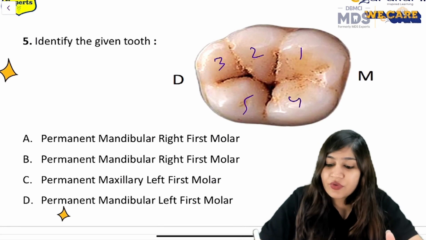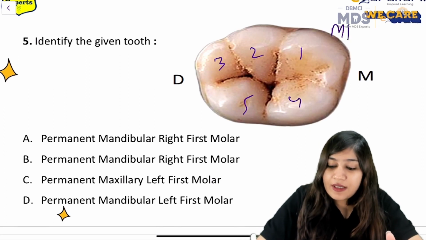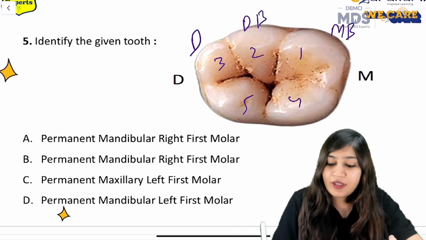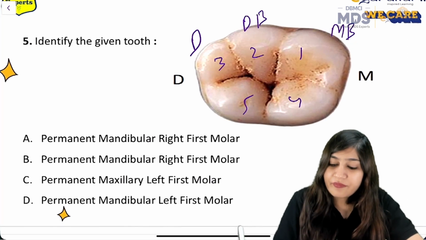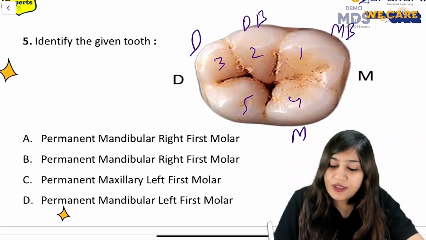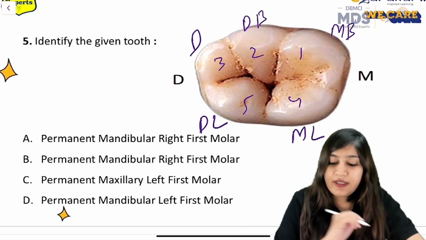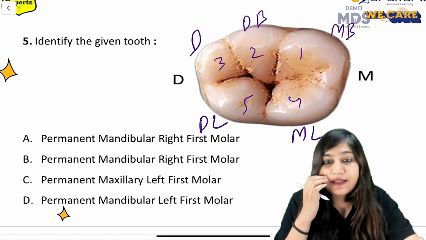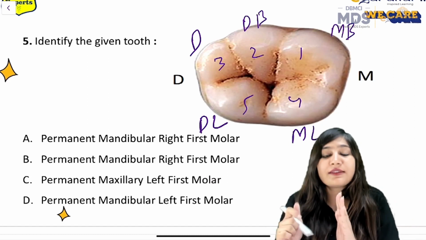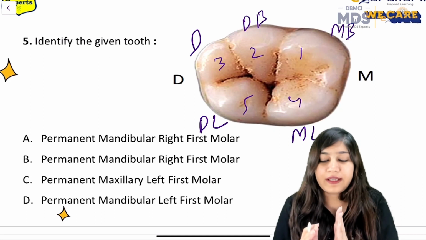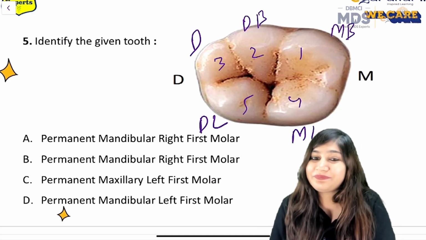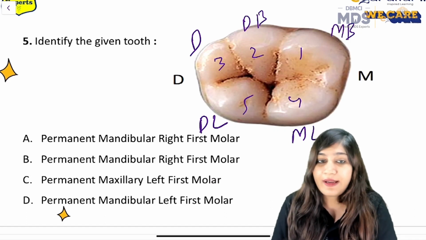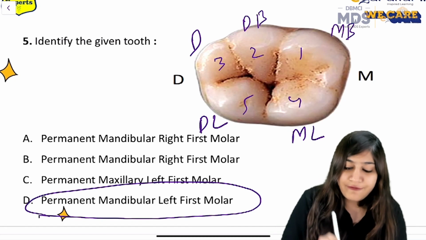This is the mesial surface, so this will be the mesiobuccal cusp, this will be the distobuccal cusp, this will be the distal cusp, this will be the mesiolingual cusp and distolingual cusp. So this is definitely the mandibular first molar. Now side determination. Mesial surface is mainly towards the midline, right? So this will be our permanent mandibular left first molar.